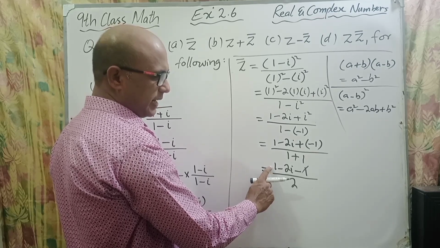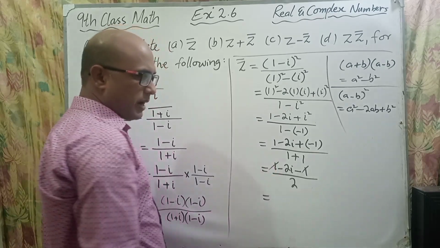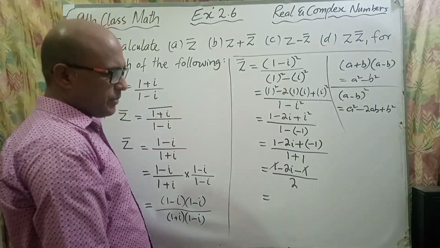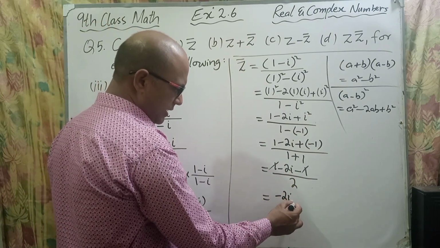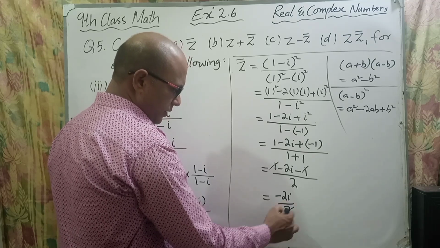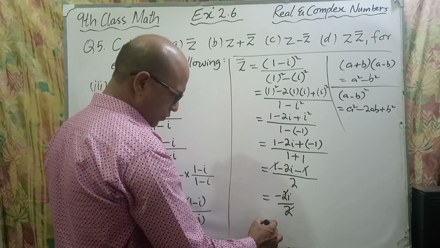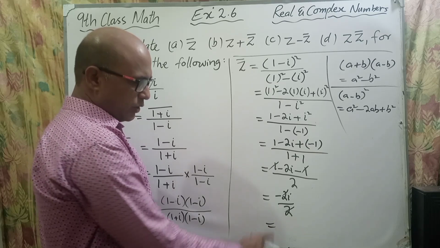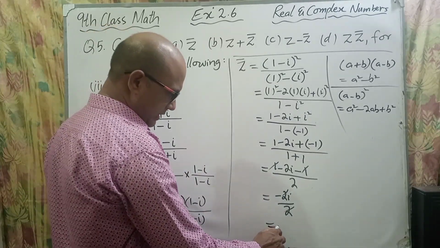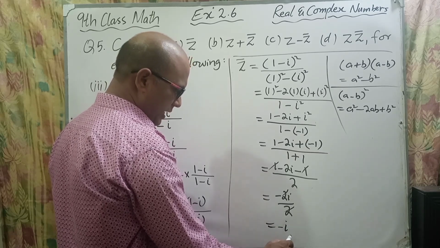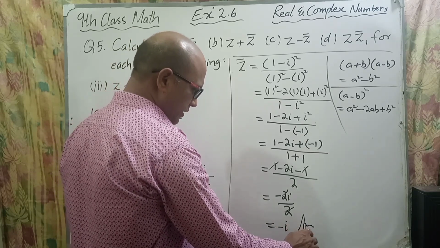That means its sign is plus. So plus minus, same numbers are cancelled. So minus 2 iota over 2, the 2 will be cancelled in the numerator and the denominator, same numbers are cancelled. So we'll get minus iota, the answer of this part.